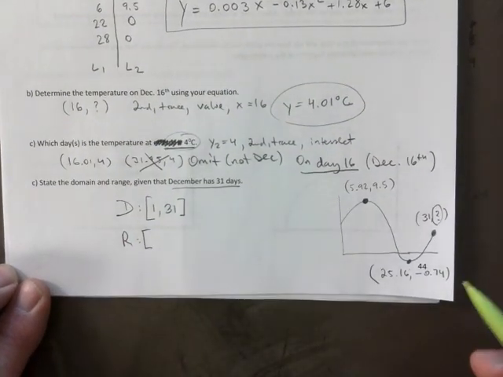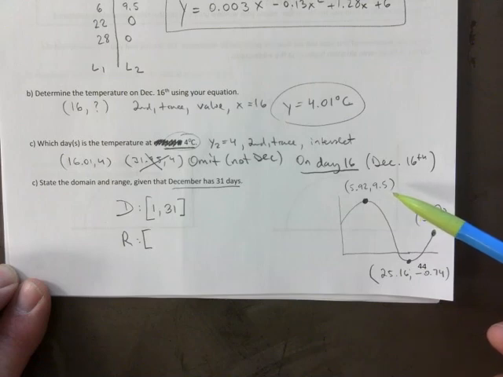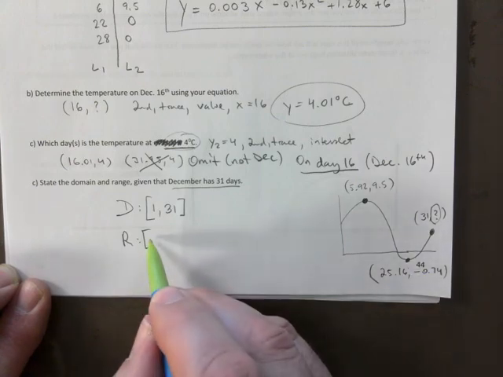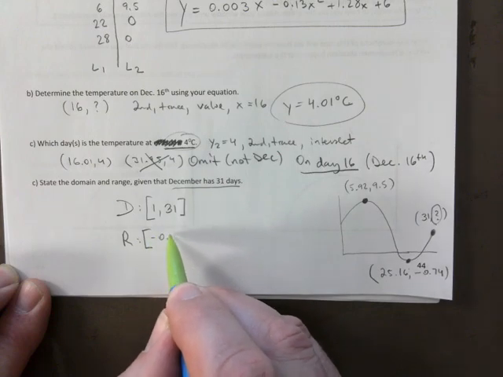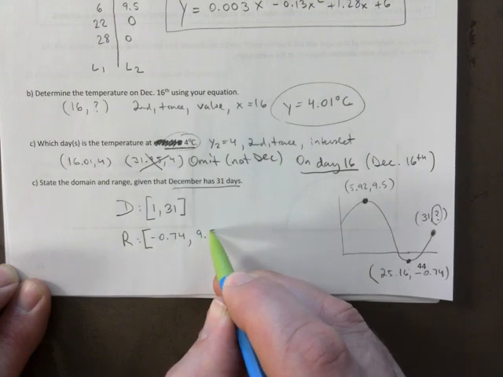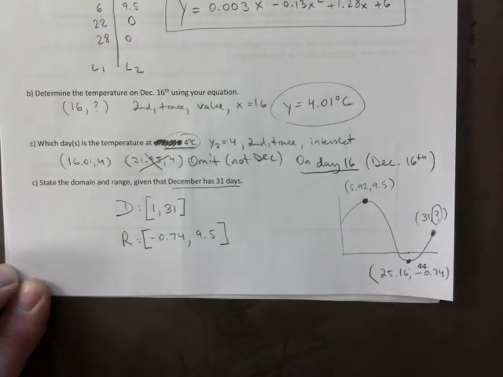So this question could have asked you, on which day is it the coldest? Like, what's the coldest day? Go ahead and find this, and you would say December 25th. Round to the nearest whole number when it's like that. So for the range, we go as low as the temperature, the coldest it ever gets is that, the highest it ever gets is 9.5. Okay, so there you have your domain and range.